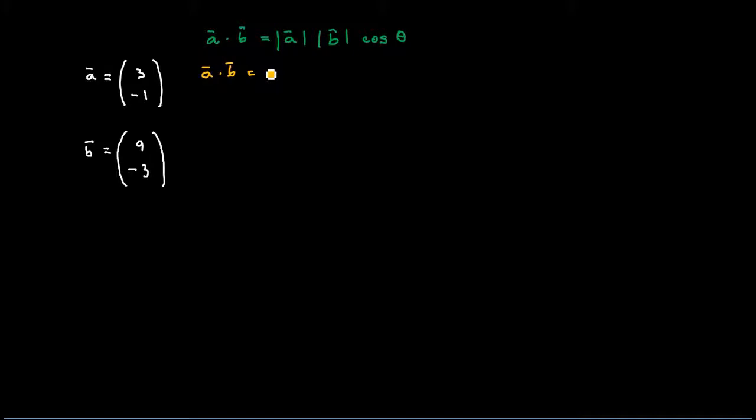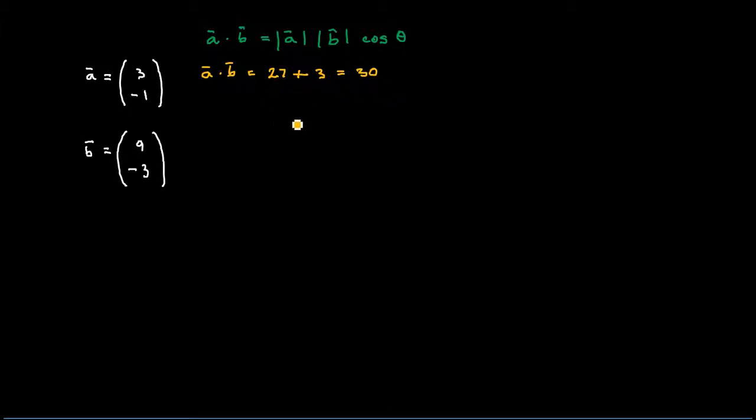And the second component, -1 times -3, which we add to the first one, gives us +3. So what have we got? Well, we haven't got a vector. When we take the dot product of two vectors, we don't get a vector, we get a scalar quantity. We get just an ordinary number. So that's the first thing. The dot product gives us a scalar.